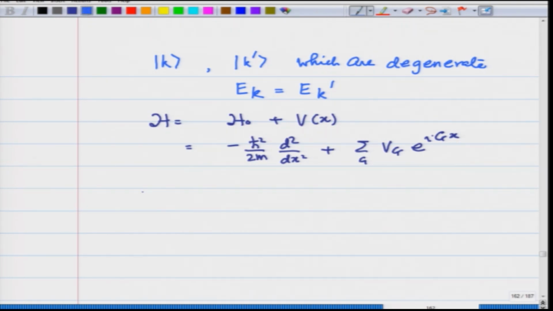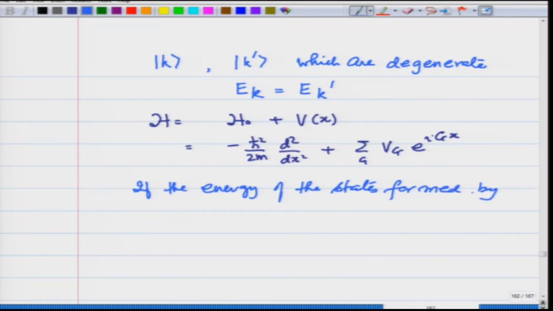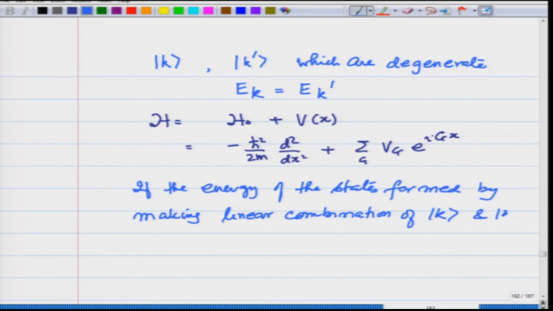What we do is, if the energy of the states formed by making a linear combination of k and k prime is E, then I should have H acting on the linear combination psi equals E psi. Let us see what does it lead to.